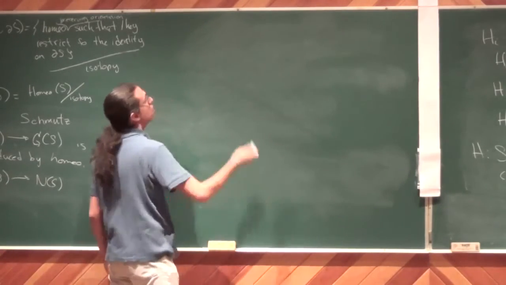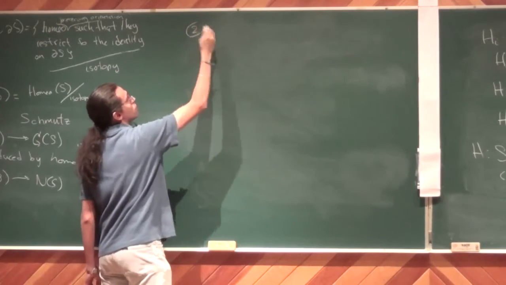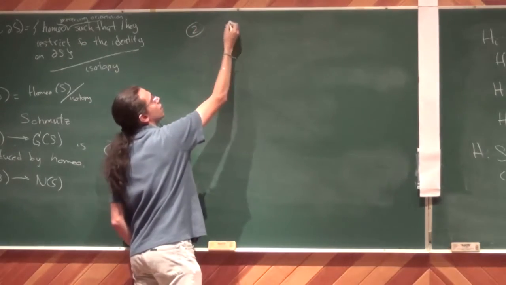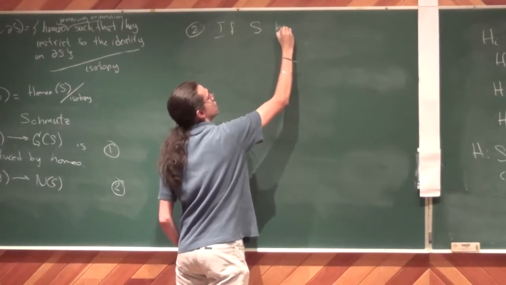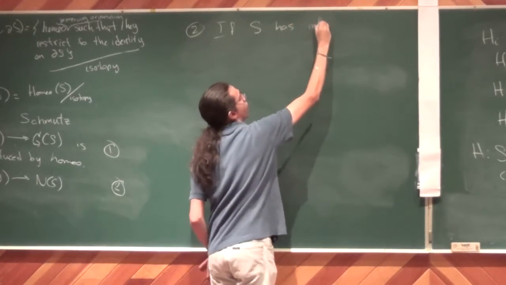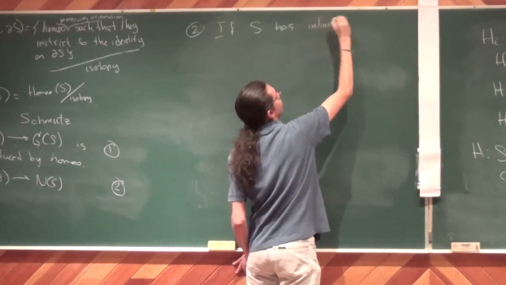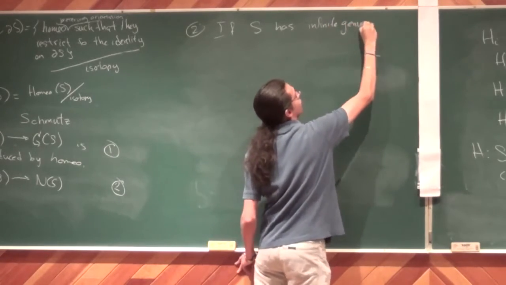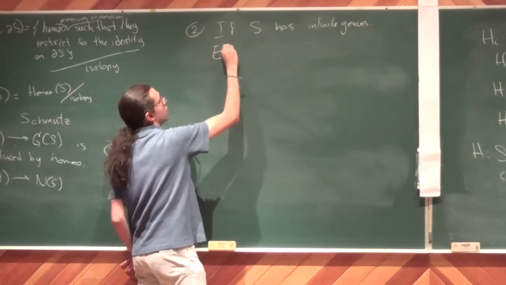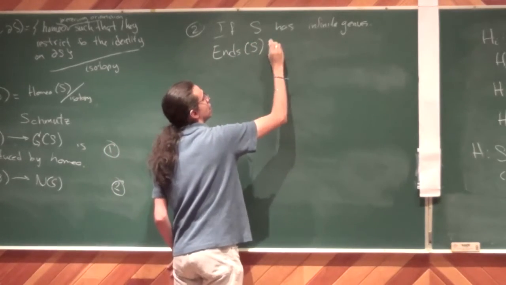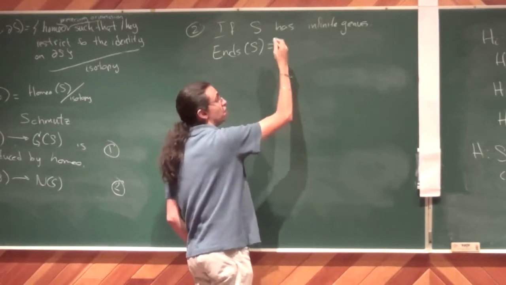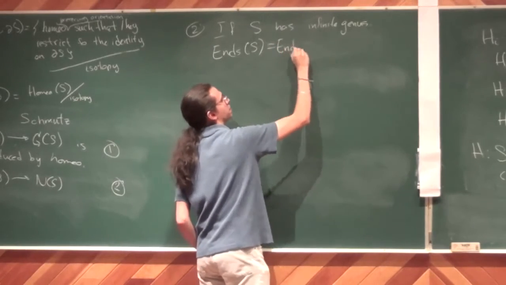So what we proved is that if S has infinite genus, the end space of S is the same as the non-planar end space.